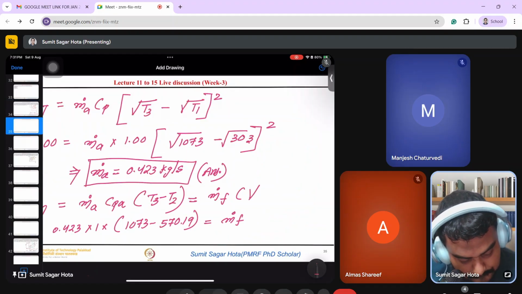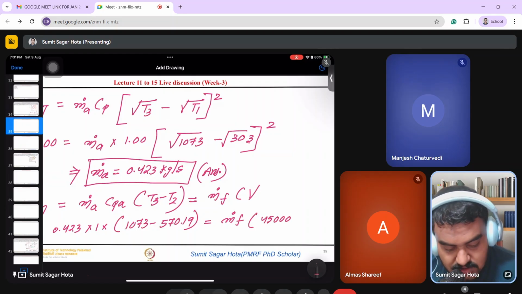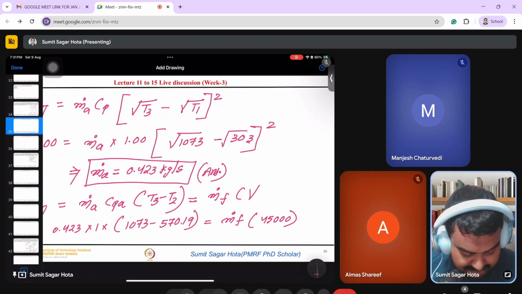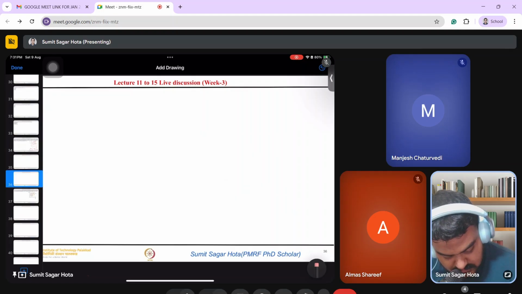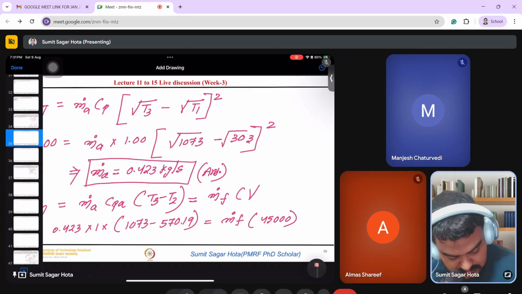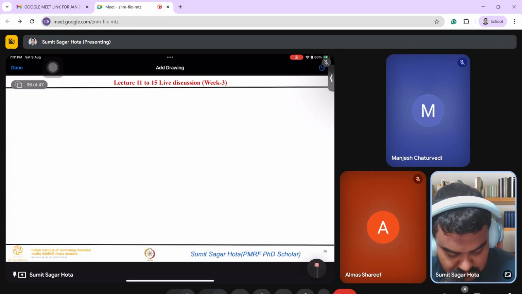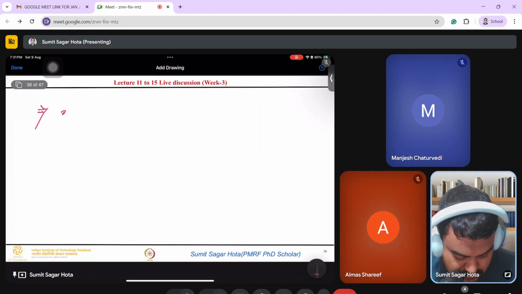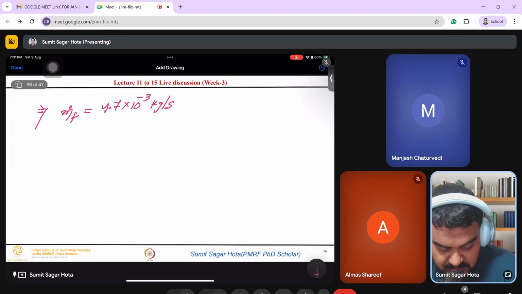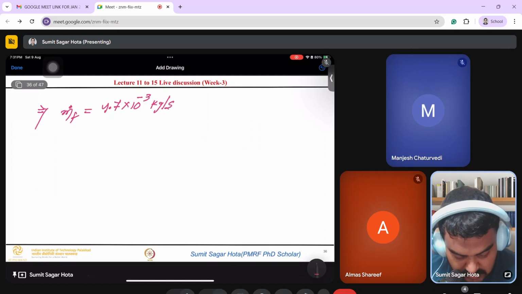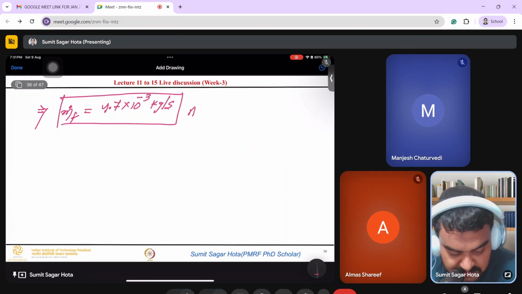So m dot f is 4.7 into 10 to the power minus 3 kg per second. This is also your answer.